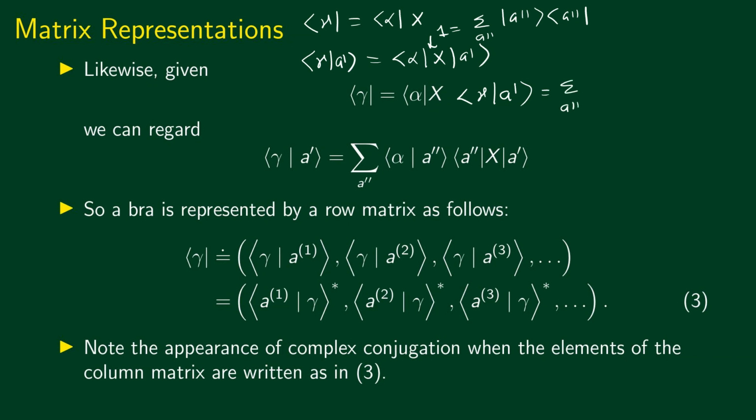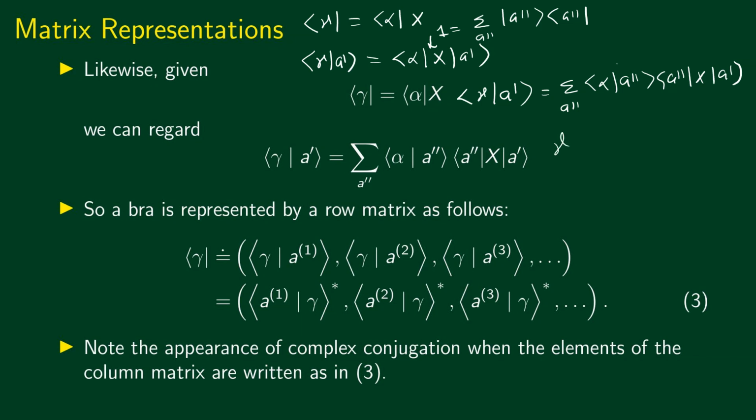The summation sign I have pulled outside. The rest of it is bra alpha ket a double prime, and bra a double prime x ket a prime. Now this looks exactly like a multiplication between a row matrix and a square matrix. This is the rule for multiplication of a row matrix and a square matrix to get another row matrix.